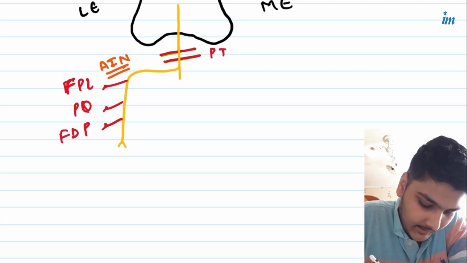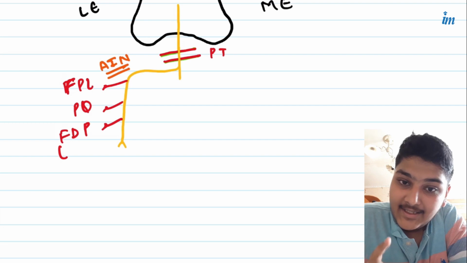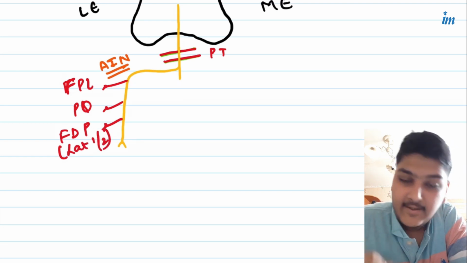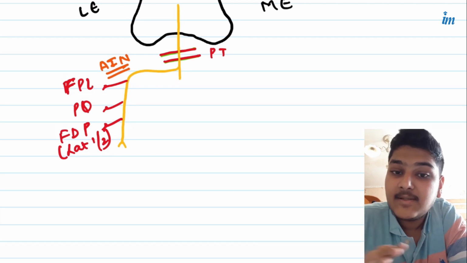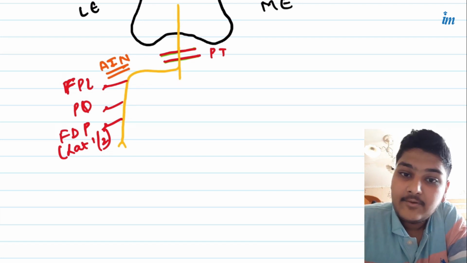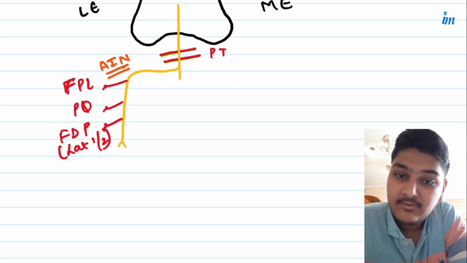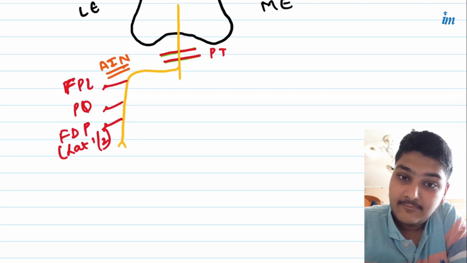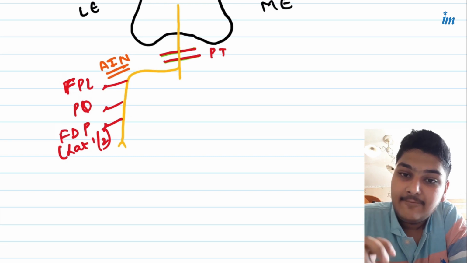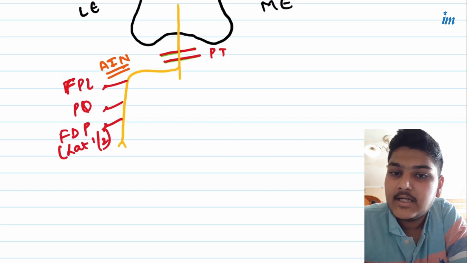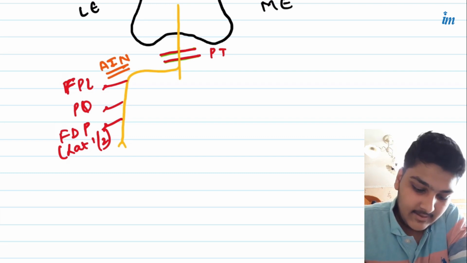But the important point here is that anterior interosseous nerve will supply only the lateral half of flexor digitorum profundus. It won't supply the medial half. The medial half of this muscle is supplied by the ulnar nerve. So if there is any injury to the median nerve that involves the flexor digitorum profundus, in that case only the lateral half of this muscle will be affected. The medial half will be spared.